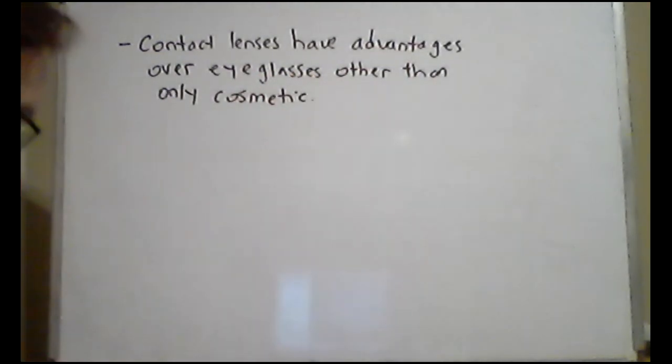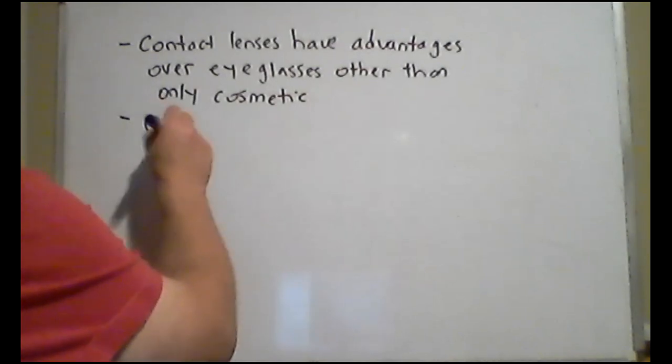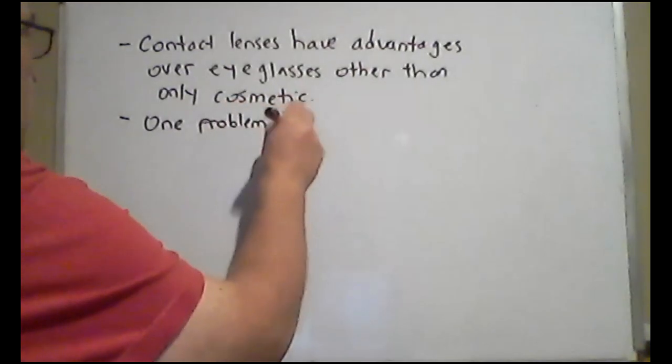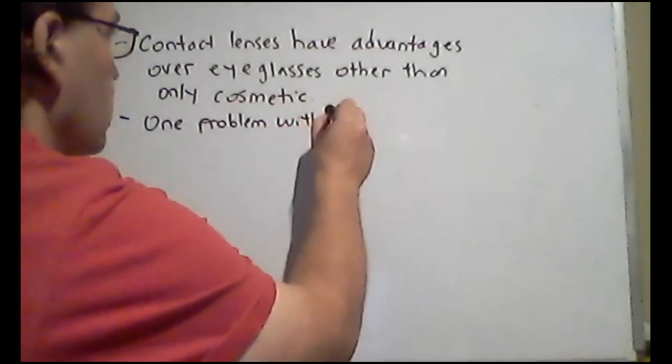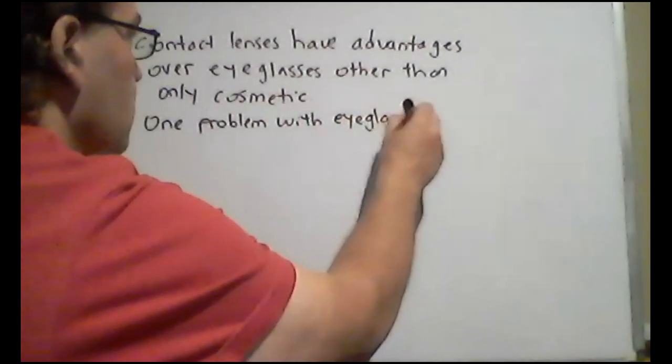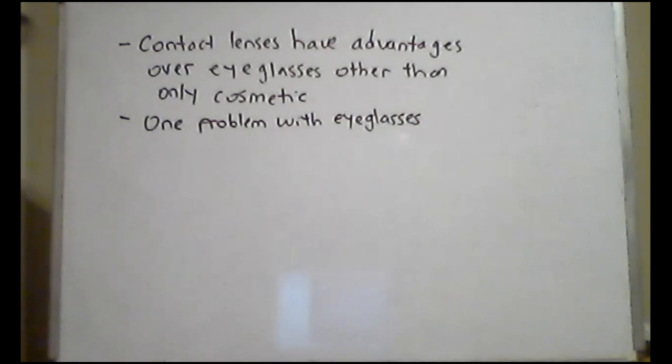All right, so one problem you have with eyeglasses is that as the eye moves, it is not at a fixed distance with respect to the spectacle lens, right?